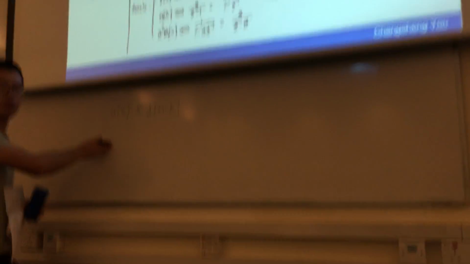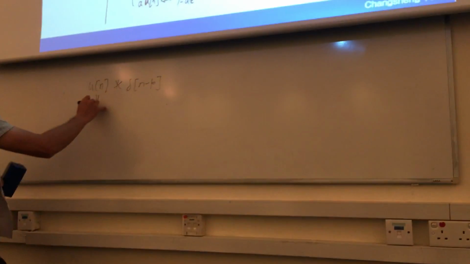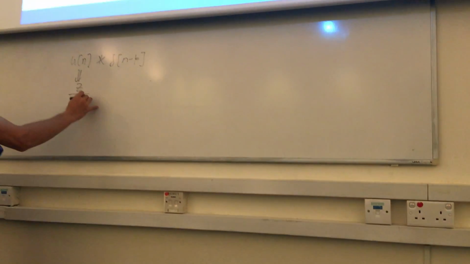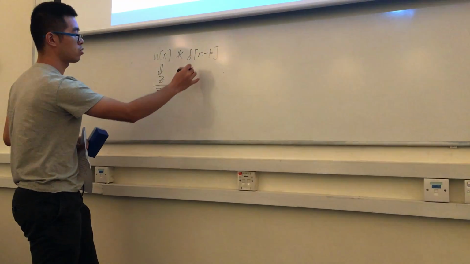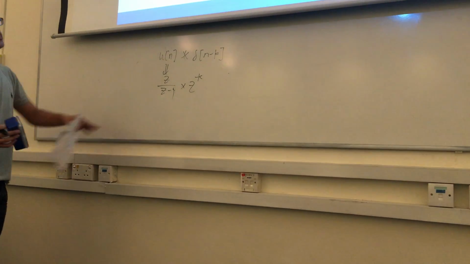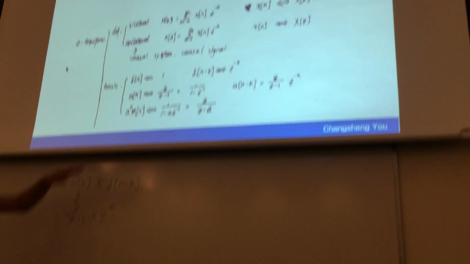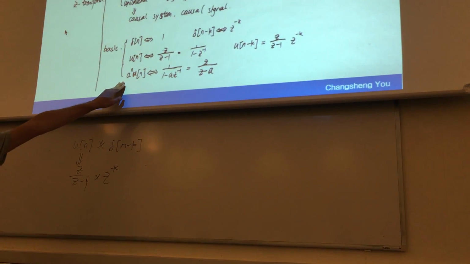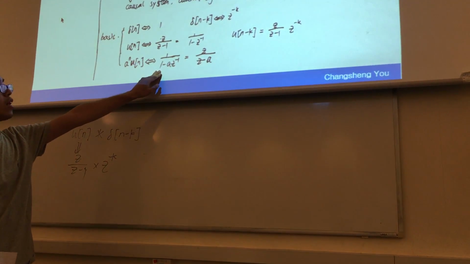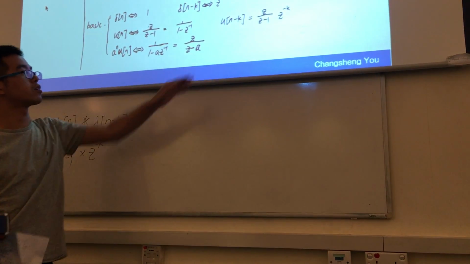We know for the convolution, the Z transforms are just multiplied together. So this corresponds to z over z minus 1, and this corresponds to z to the minus k. Just multiply them together, and we have this one. And also for the exponential signal, we need to remember it has a transform like this, z over z minus a. So you need to remember this.